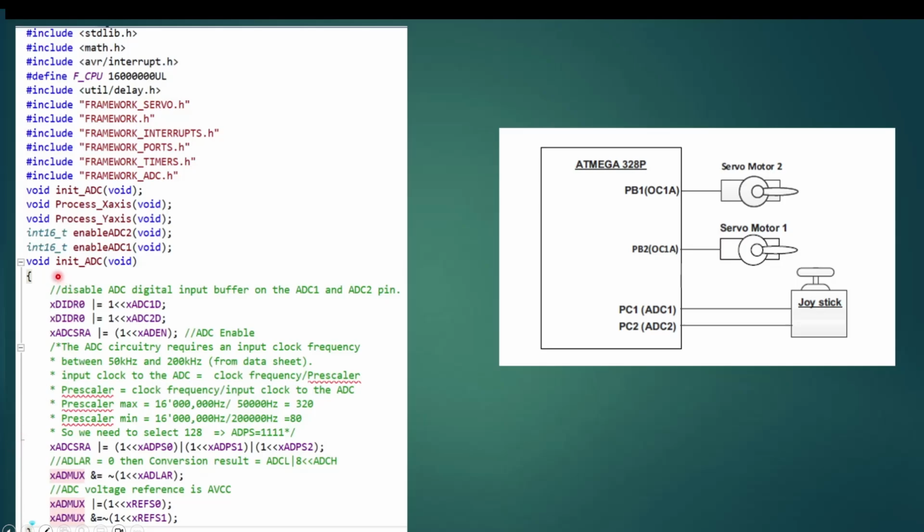So we look at the init ADC. The first thing it does is disable the digital inputs that are for ADC1 and ADC2. Next, it calculates the prescaler needed to drive the ADC, which I already explained in that calculation.